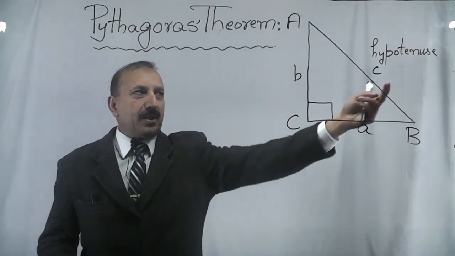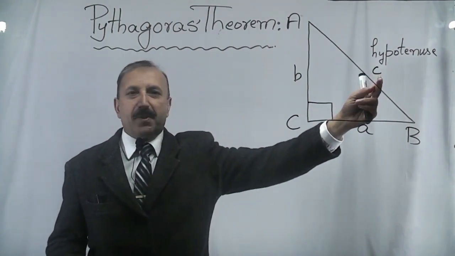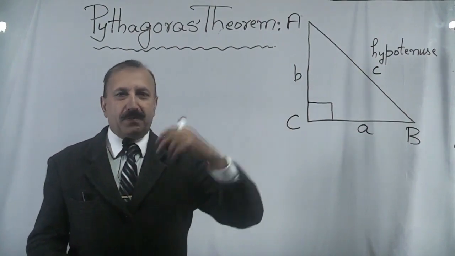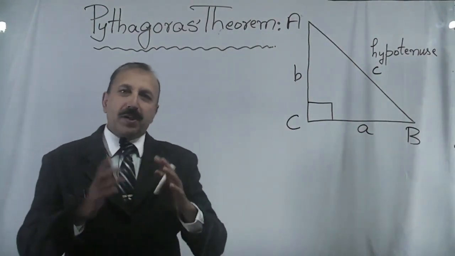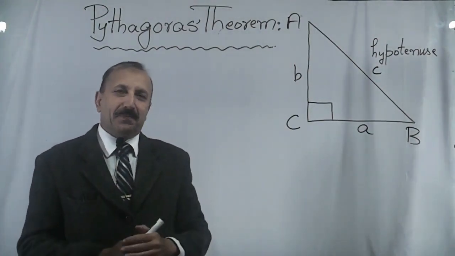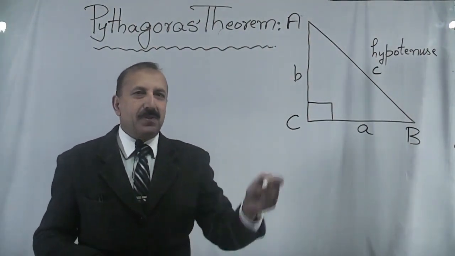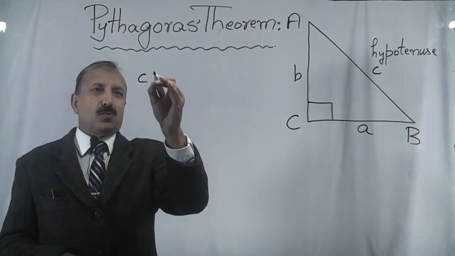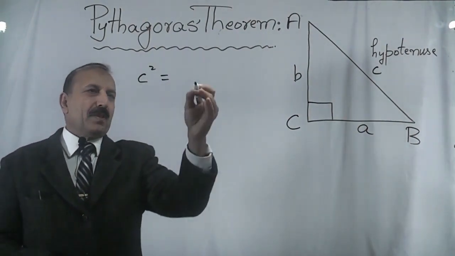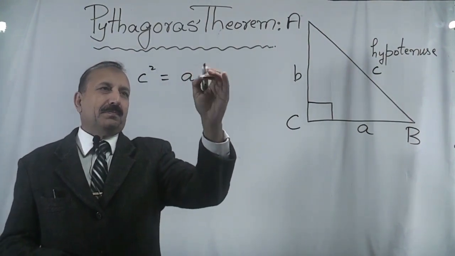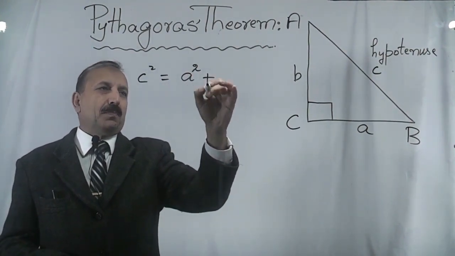Here you can see the hypotenuse is represented by C, and the rest of the two legs are represented by A and B. And according to the statement of Pythagoras theorem, if we write the relation between these sides, it will be of the form C squared equals A squared plus B squared.